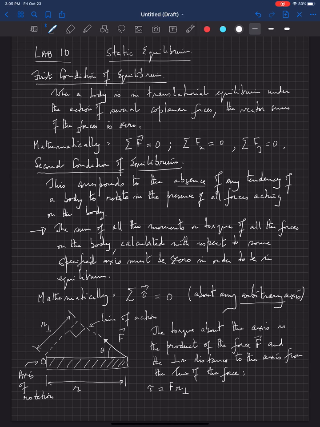Now R perpendicular from that triangle is nothing else but R sine theta, so tau equals F R sine theta. Okay. Now R perpendicular, which is equal to R sine theta, is called the moment arm.